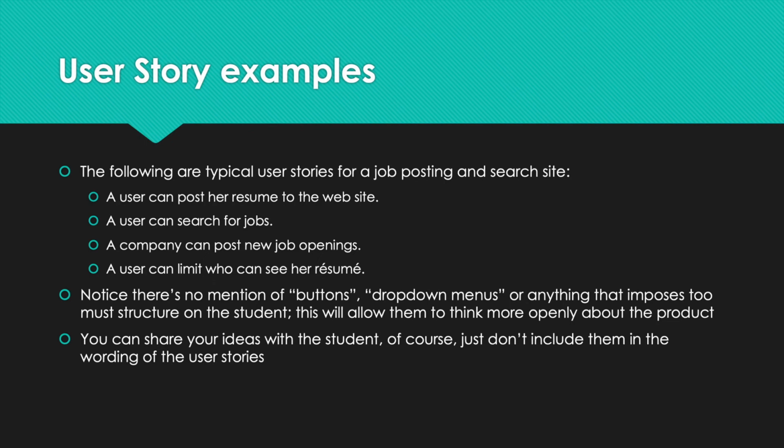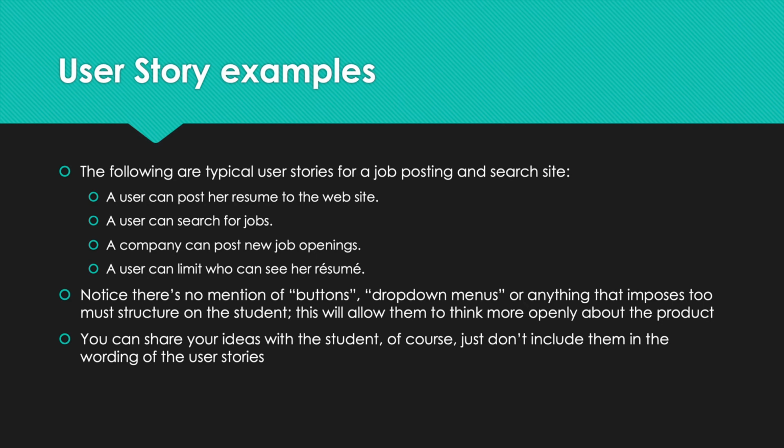So notice what's not mentioned in these. There's no mention of having a certain button that does something, a menu or a drop-down, or anything that really imposes any structure on the student. These user stories are meant to be open because it really facilitates the design process if there aren't those kinds of constraints.